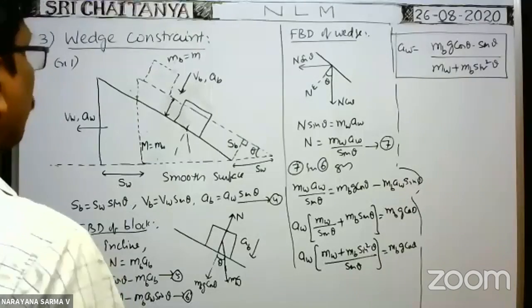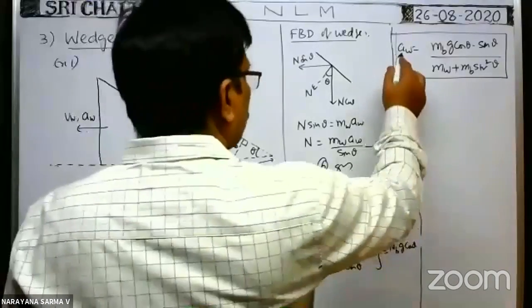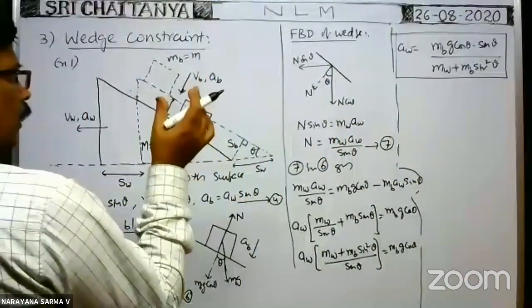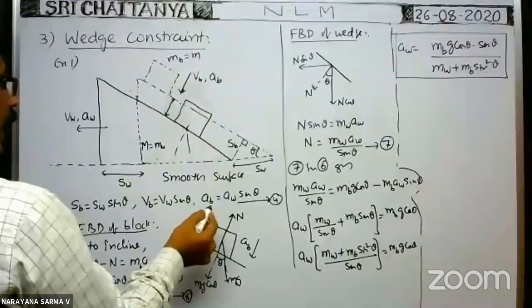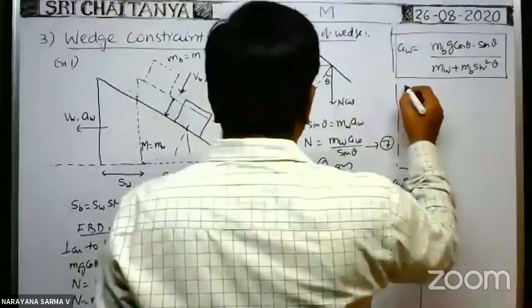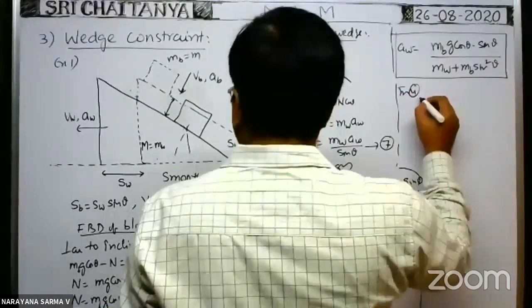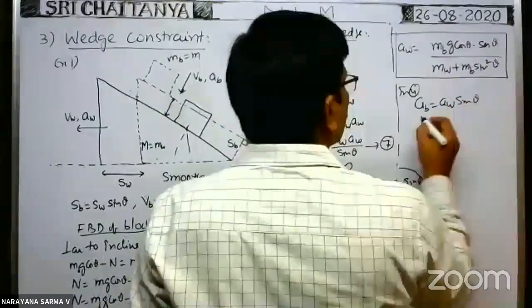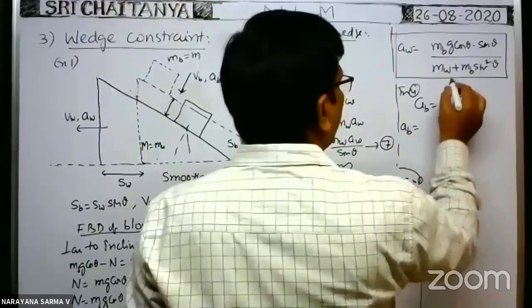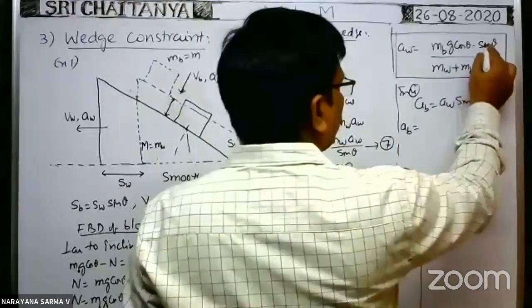Okay, next, what about ab? The acceleration of the wedge we got. The acceleration of the block is perpendicular to the incline. What about ab? Already we have this relation, no? From equation 4, the acceleration of the block is equal to aw into sin theta. So ab is equal to aw, which you write here, into sin theta. That means you will get sin square theta.